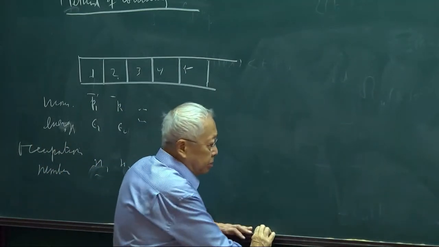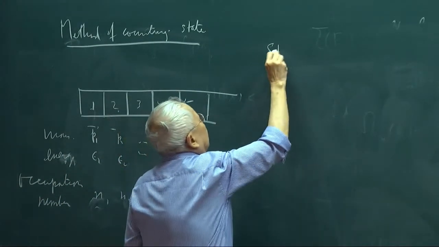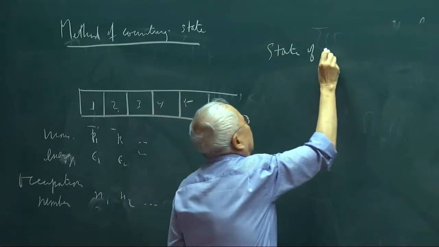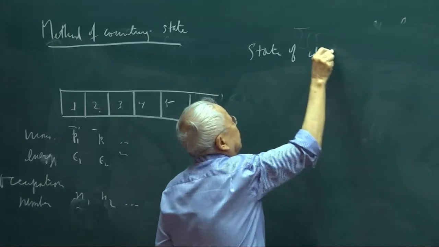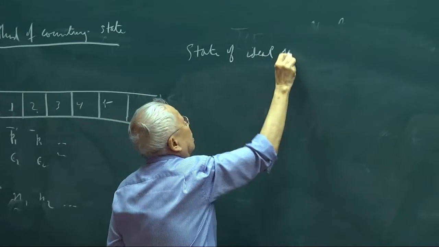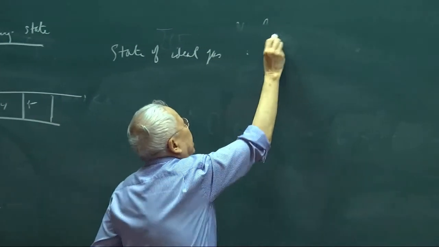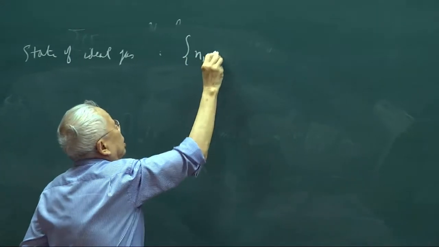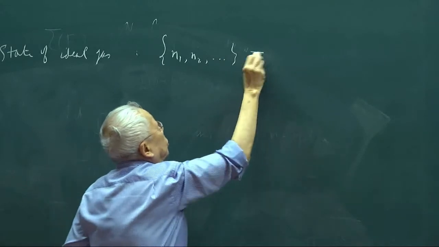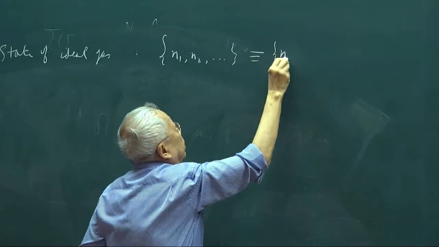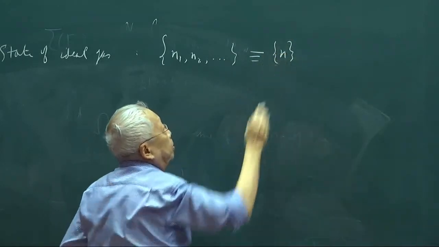So the state of an ideal gas, this is an ideal gas we're talking about, is specified by the collection N1, N2, the collection of occupation numbers, which we'll just use the notation {n}. In mathematics, this curly bracket means a set.